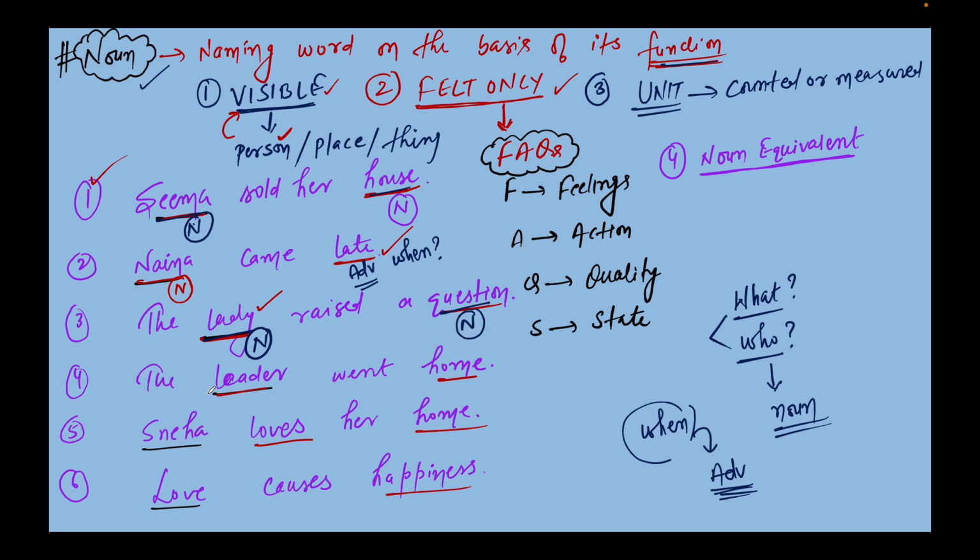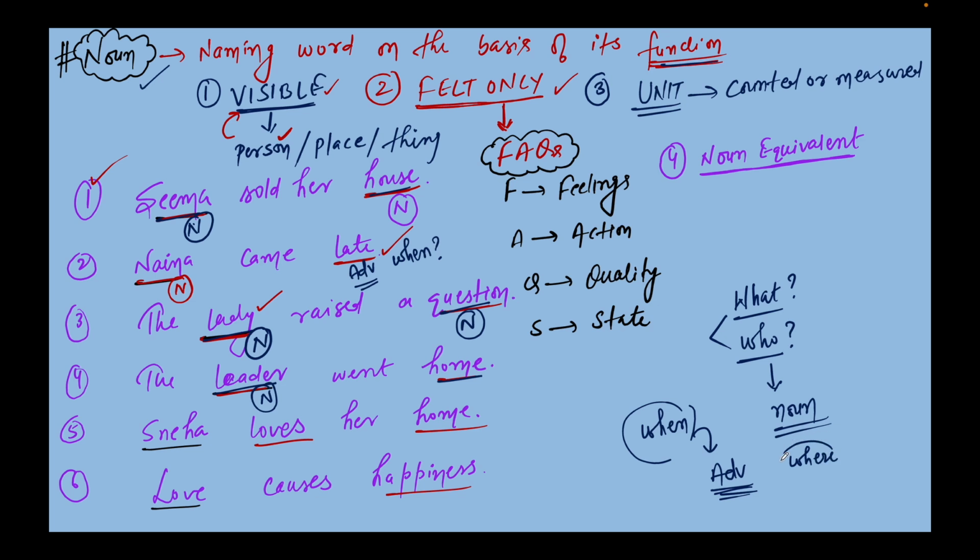Again, come to this example. The leader went home. Who went home? Of course, the leader. So the leader will be a noun. Okay. The leader went where? It is giving an answer of where.